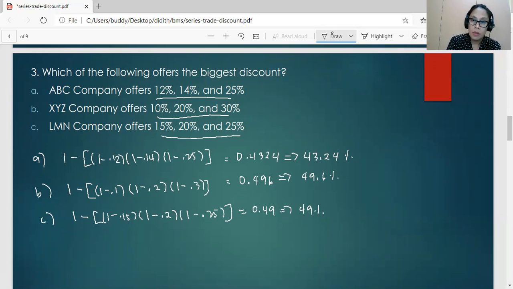Among the three, we can say that letter B has the biggest discount offer. Okay, so meaning this one is the correct answer.